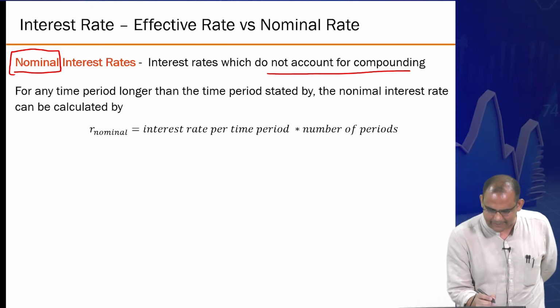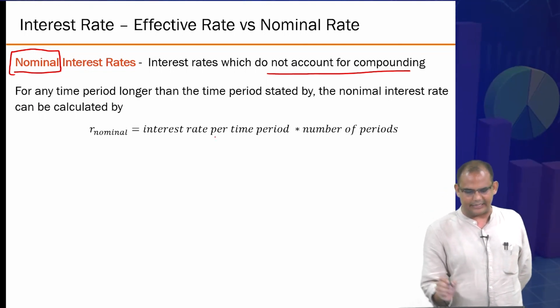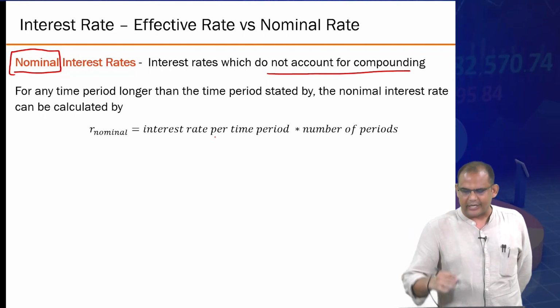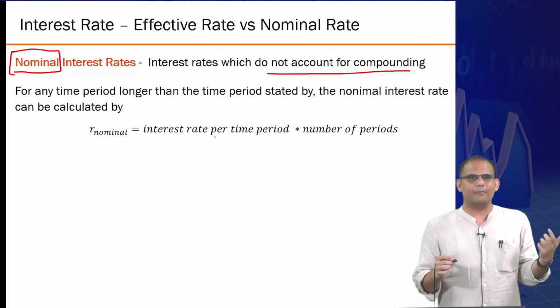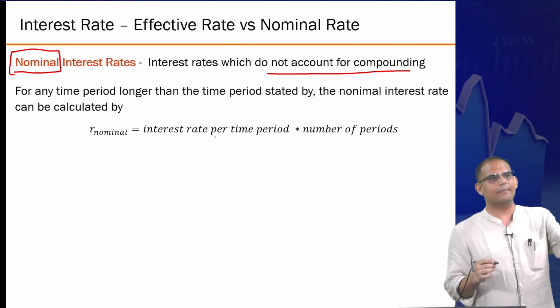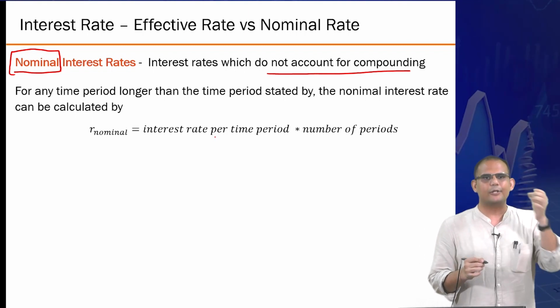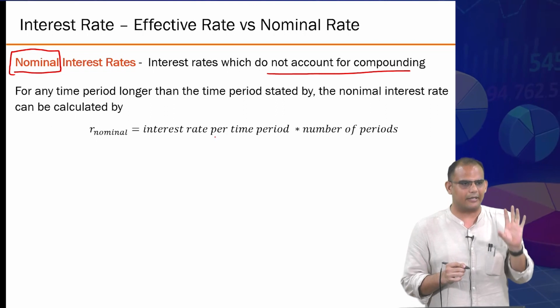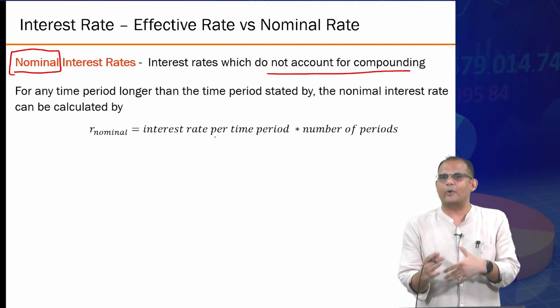For any period longer than the time period already mentioned, if you're dealing with only nominal rates, say I have given you a nominal interest rate on a monthly basis and I ask what the nominal rate is for a yearly basis, you simply multiply that rate by 12 and you get the yearly nominal rate. In compounding, this will not be true.